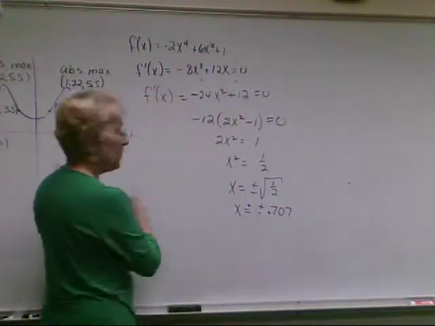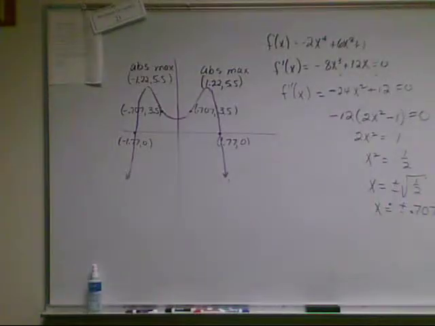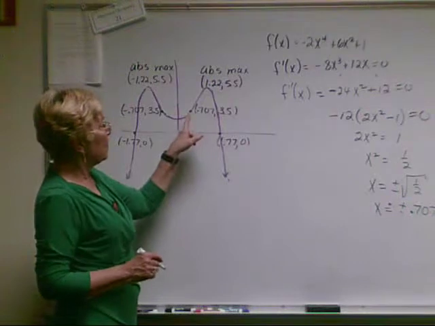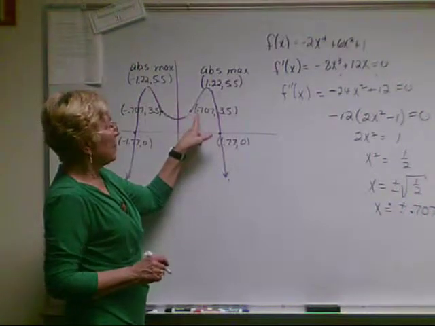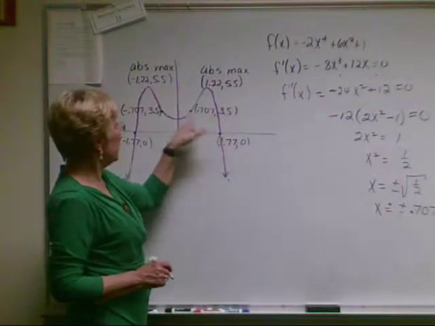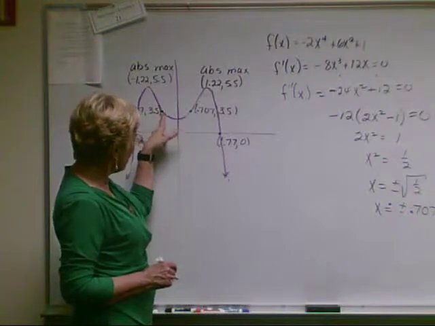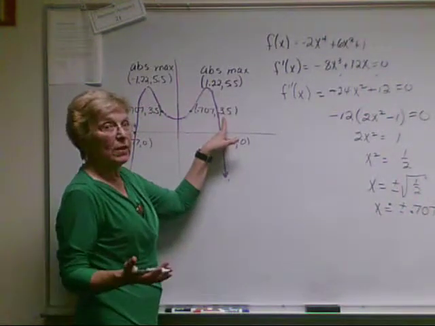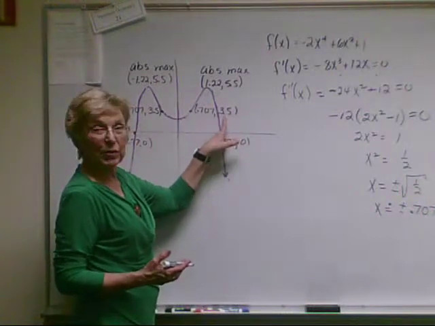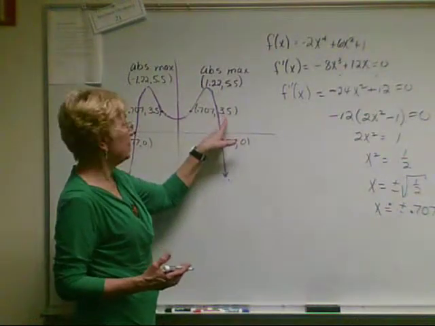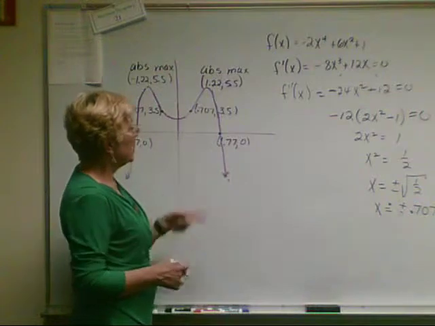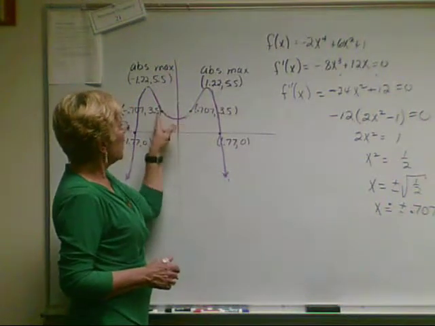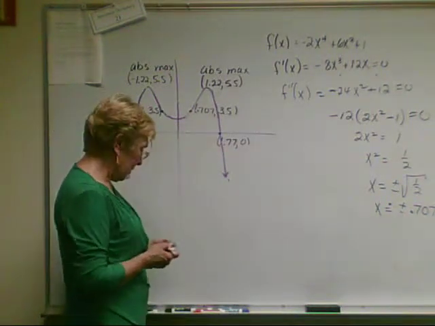So I'm going to switch it back to the graph, and we're going to look at where those points are located. I have my positive 0.707 here, negative 0.707 there. The accompanying y value is 3.5, which I got from my calculator by doing the value activity. So there's where my concavity changes.